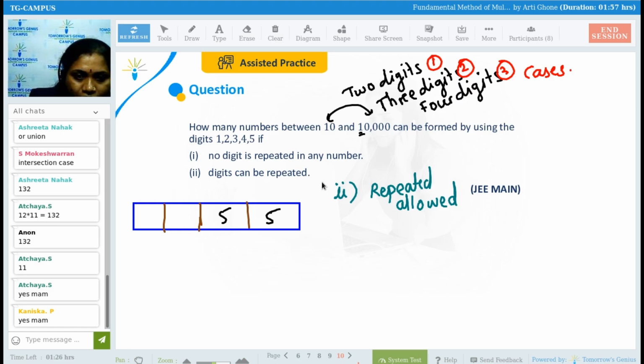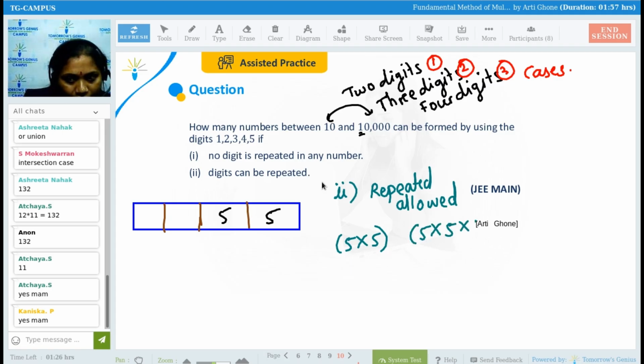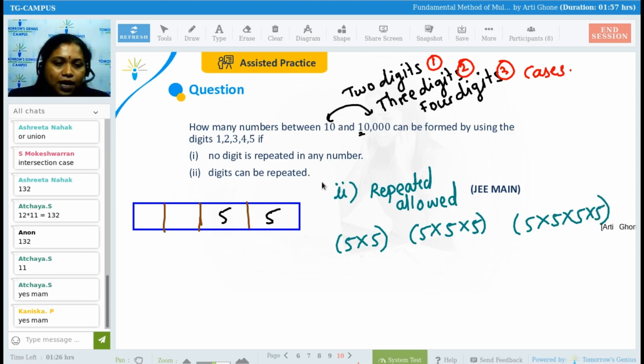Now for the first case it is 5 into 5 for 2-digit numbers. Then for the second case 5 into 5 into 5. Then for the third case 5 into 5 into 5 into 5. There are 5 chances for each place. Got it? Now either case 1 will arise or case 2 or case 3.